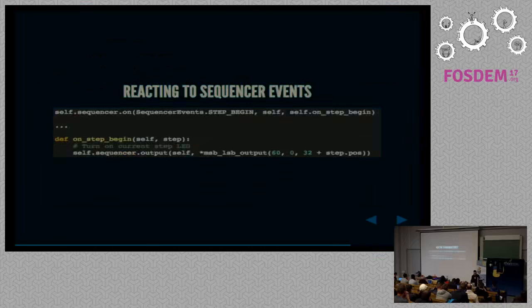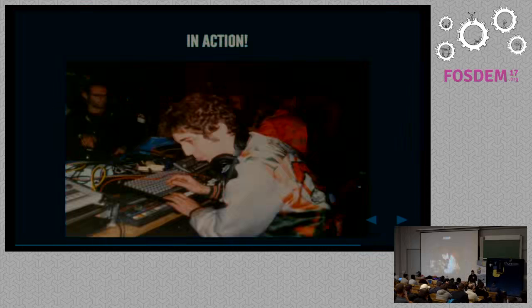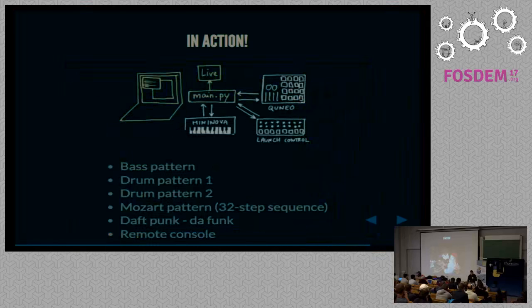And the other part is reacting to sequencer events to give feedback or to play notes. So this is just a callback system with an event at the left and callbacks at the right. Okay, so I have 10 minutes to show you things.